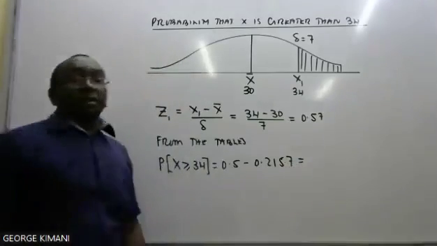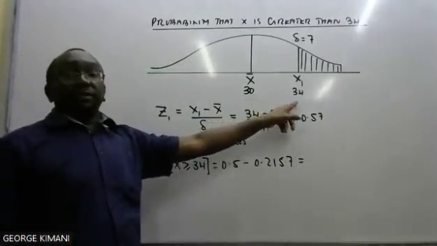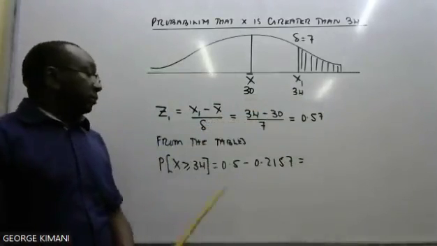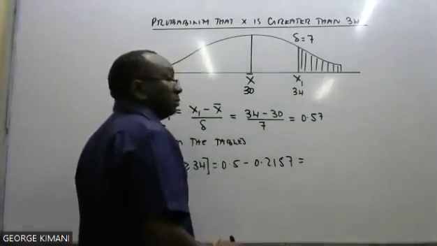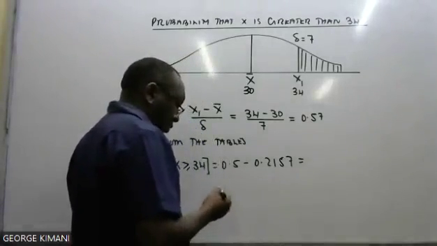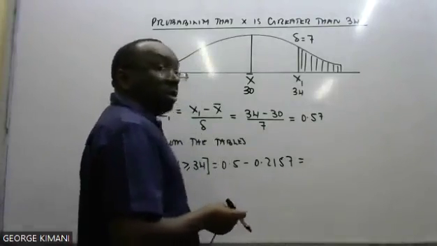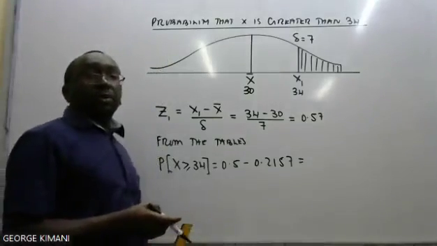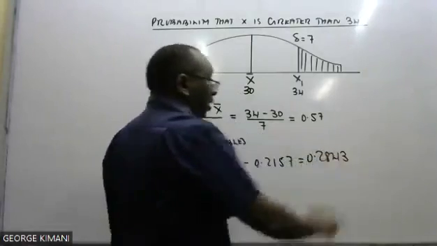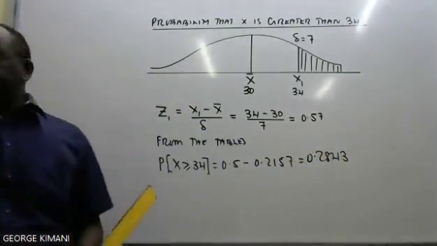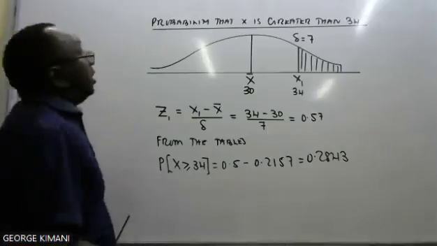Now we are subtracting because what we shall get here is between 30 and 34. 0.2843. The next one is... Good. So sasa tusomee hiyo nyingine kufuata.